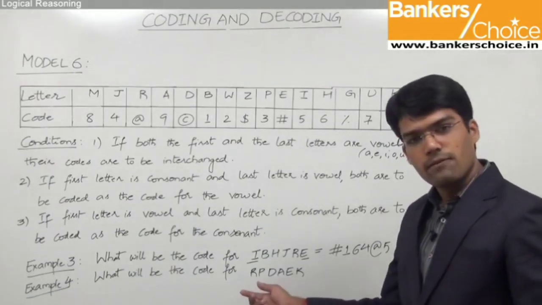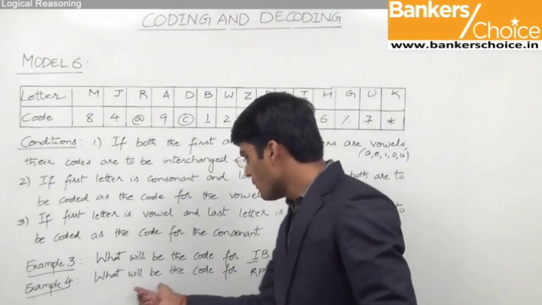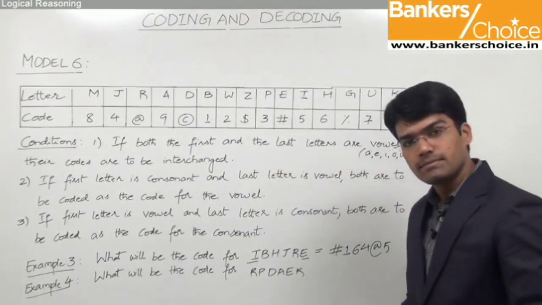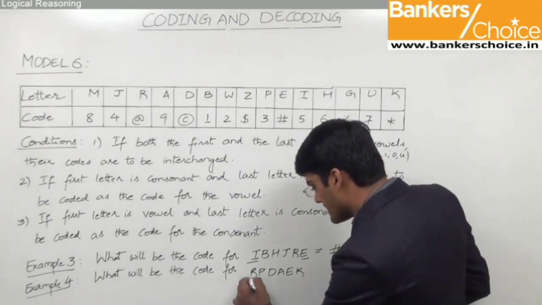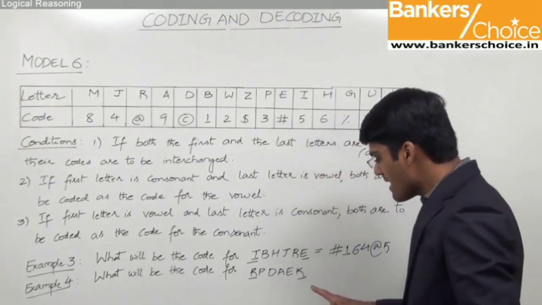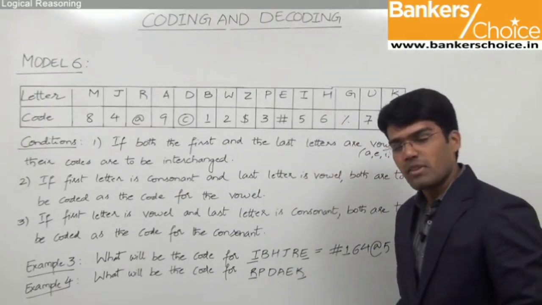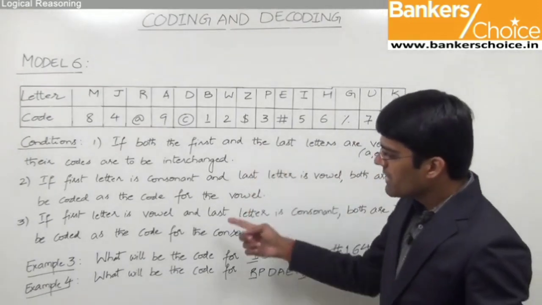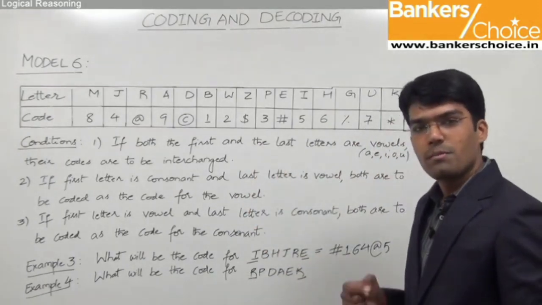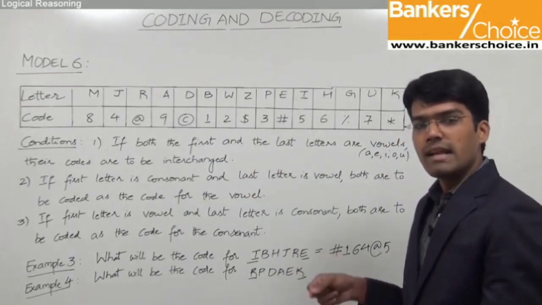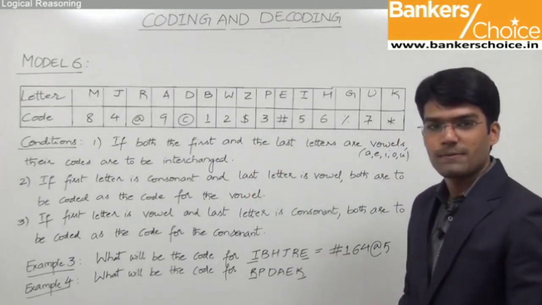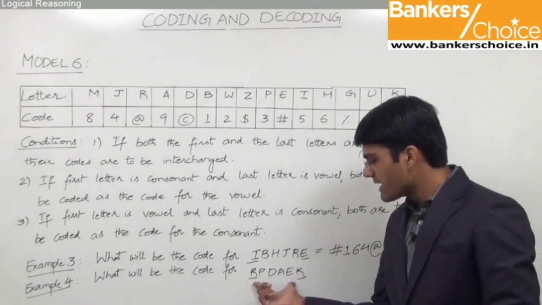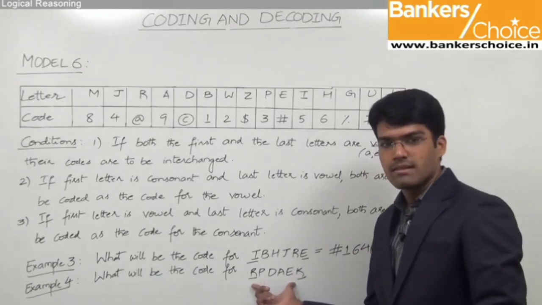Let us now look at the fourth example. The question here is, what will be the code for RPDAEK? Now here, the first letter is R and the last letter is K, and both these letters are consonants. From the given conditions, there is no condition which mentions both the first and the last letter as consonants. Therefore, there is no condition for this category.